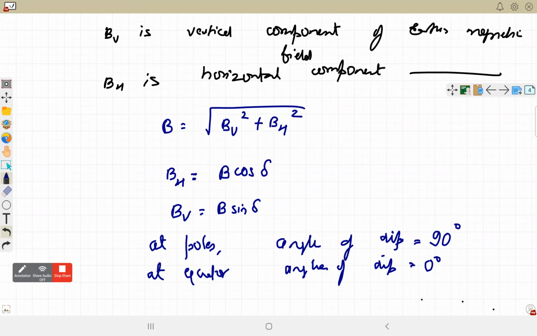Okay. So horizontal component of Earth's magnetic field is the one which is parallel to Earth's surface, BH is equal to B cos delta.